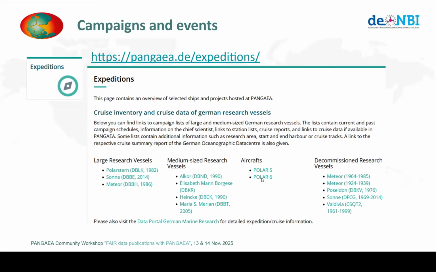So if you have a data set from these cruises, please have a look first and use the same event labels, so the same event IDs. And in this case, also the event information like coordinates are already available, so you don't need to provide this in addition for us.